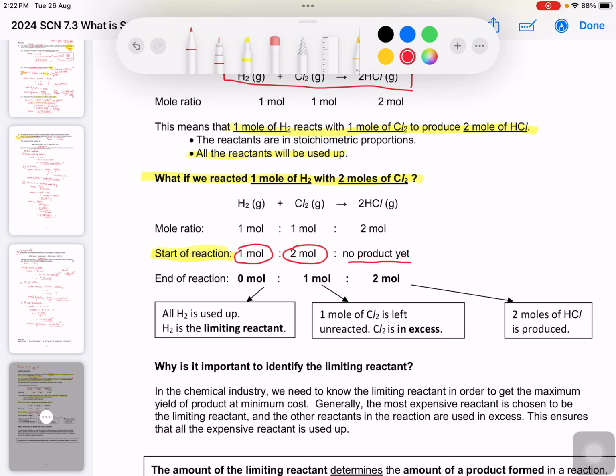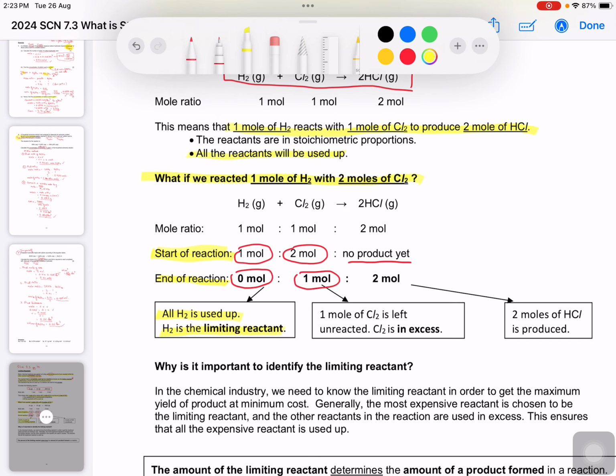At the end of the reaction, what will be left behind? Okay, the 1 mole of H2 will be completely used up. How much of the chlorine will get used? Only 1 mole, all right? Only 1 mole of chlorine will be used up because remember our stoichiometric proportions?